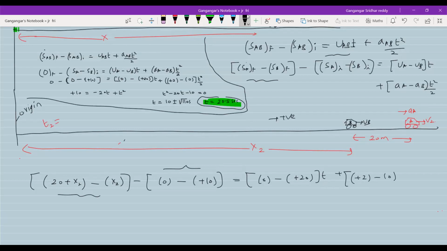So this will be 0. T2, okay, T only, later on we'll write it. So 20 minus of minus will become plus. This will be minus 20t. This will be 2 minus 0, so this will be t square. So solve this quadratic equation, and you'll get the required answer.